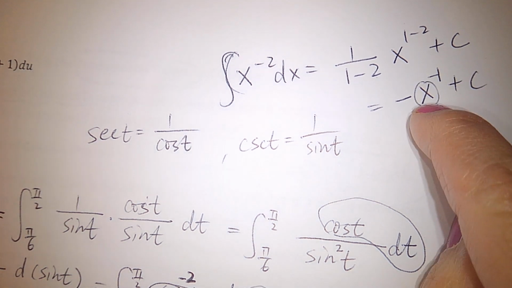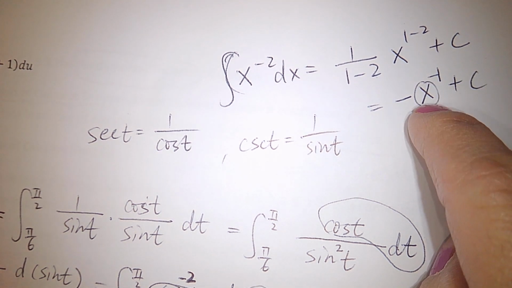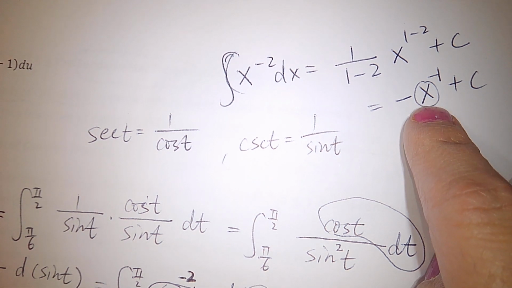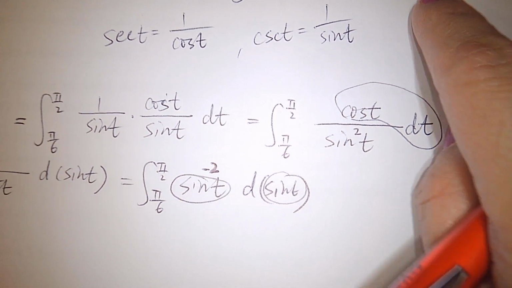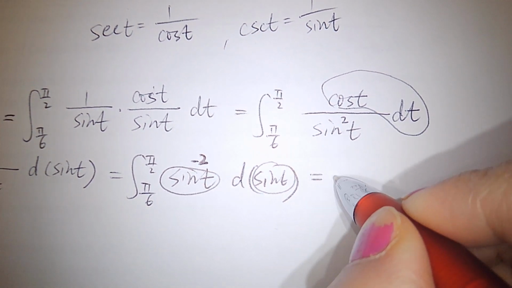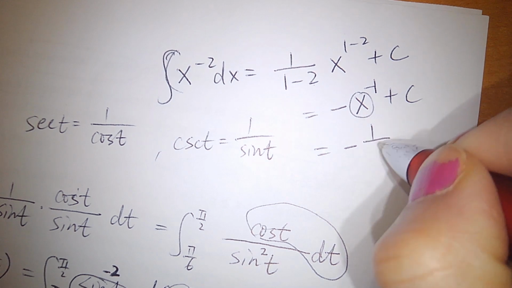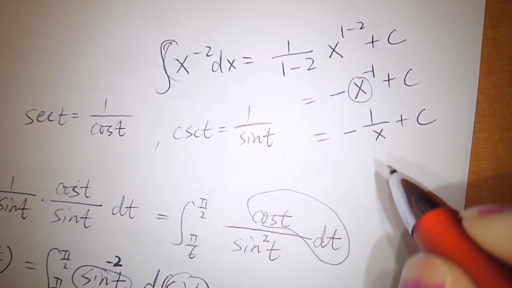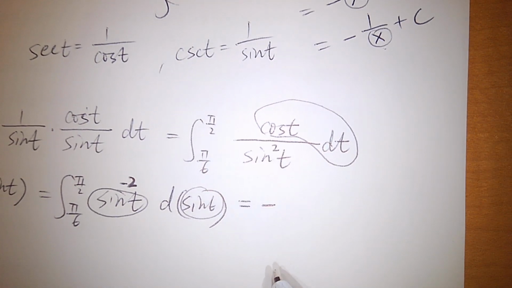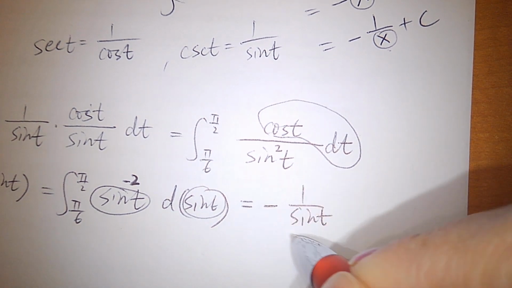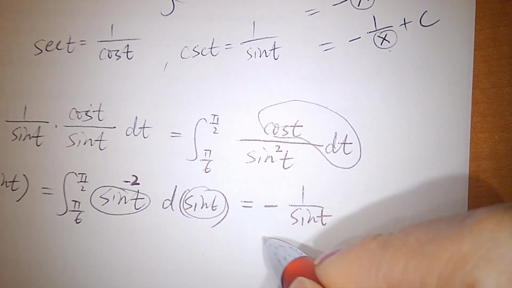So here this x is our sine of t, right? Guys, can you follow me? This is hard, okay? So we should have a negative. This is actually negative 1 over x, right? Plus c. So x is sine of t, so negative 1 over sine of t. This whole thing is capital F.